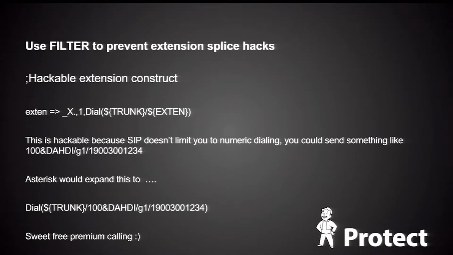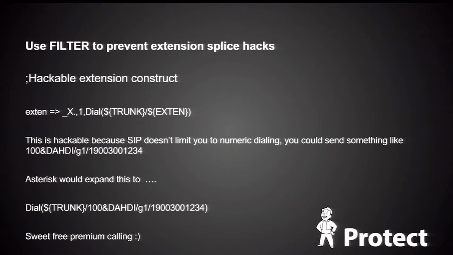So if you've got no filter on your dial and people are dialing through you, they can do really fun things like this, which would let them append additional dial actions and commands and dial those juicy toll numbers where they get paid. So yeah, watch out for that, especially if you're a provider. It's not so common, but when it happens, you get hit hard.